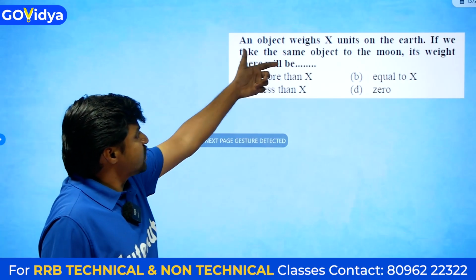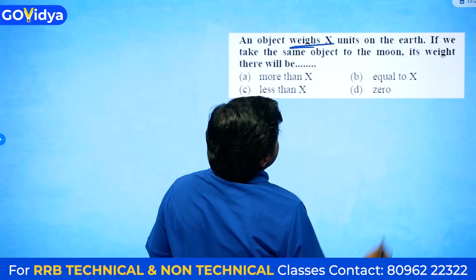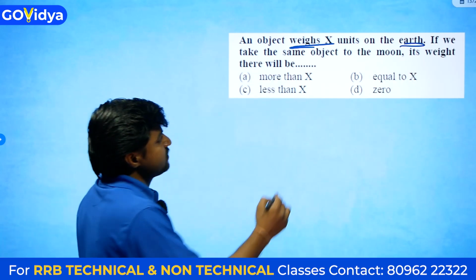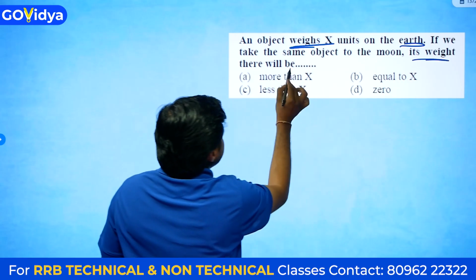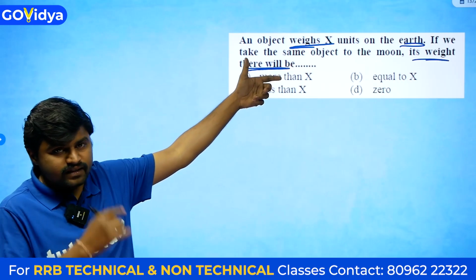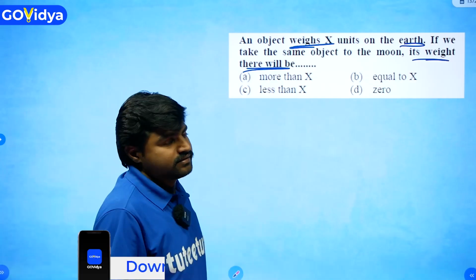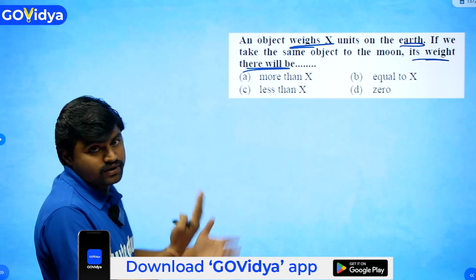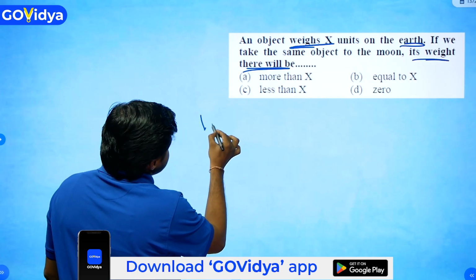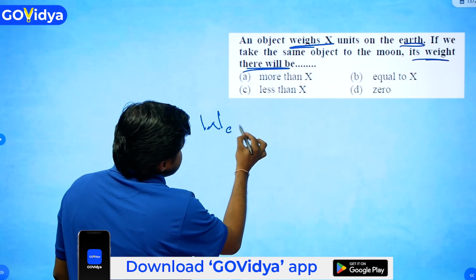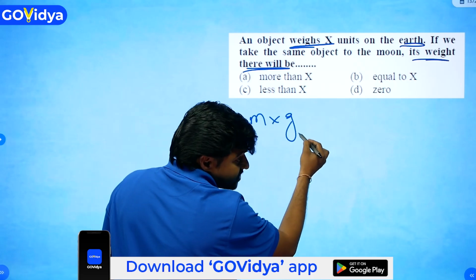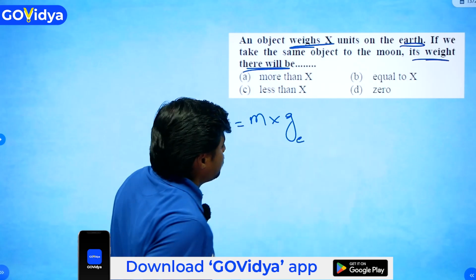An object weighs x units on the earth. If we take the same object on the moon, the weight will be, okay. The weight of an object is x on the earth, and the same object on the moon, what is its weight? More than x, equal to x, or less than x, okay. See, weight on the earth is equal to mass into gravitational acceleration on the earth, okay.